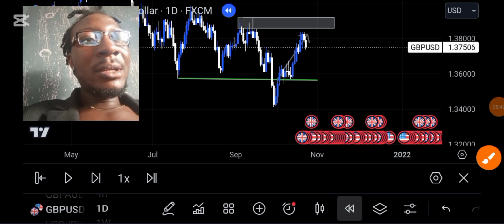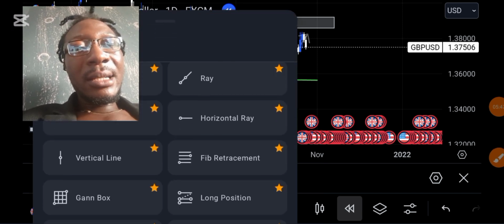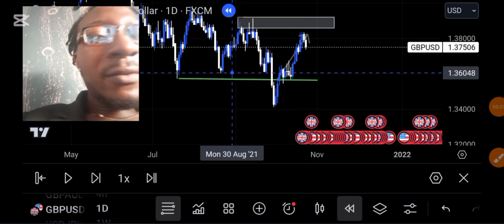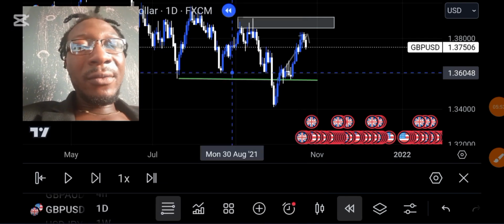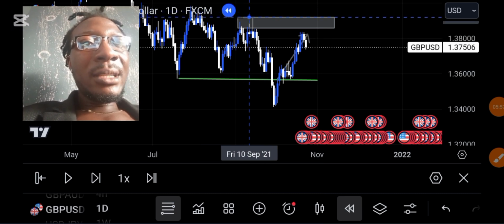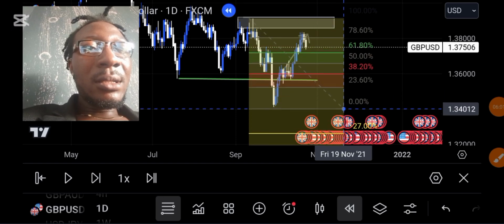So at this point, normally we look for a Fibonacci. As I told you, these are confluences. You see, there was even a bearish engulfing around here. But first, we take our Fibonacci. We take from the most recent swing high to the most recent swing low.